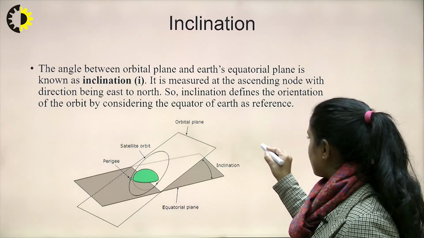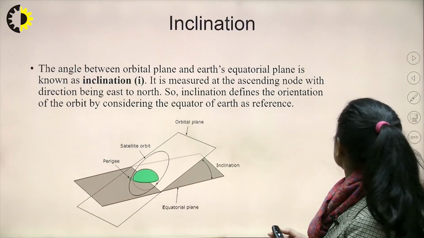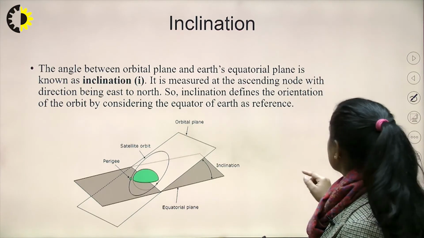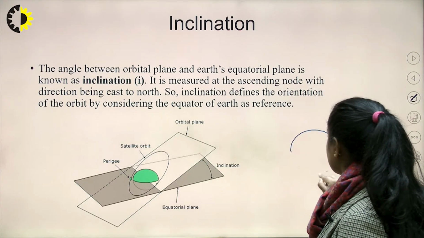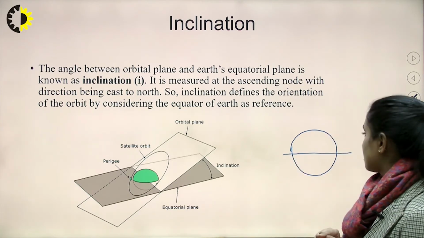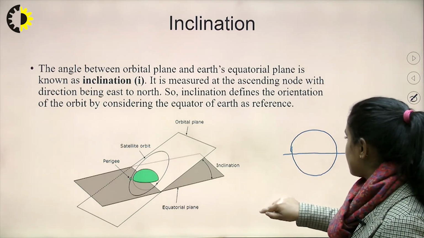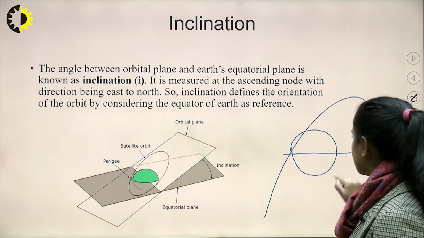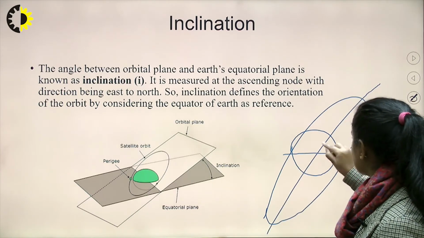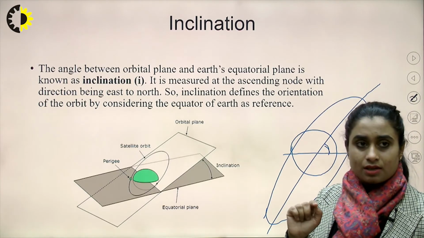So if this is my Earth, with this line I take the horizontal plane. If the satellite is revolving like this in this orbit, then this angle will be the inclination angle that it makes with the horizontal plane.